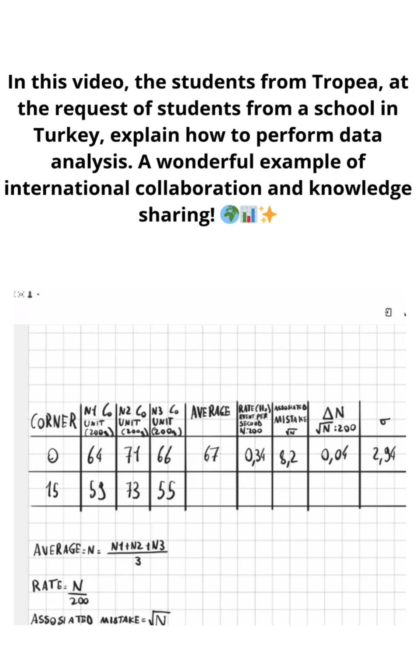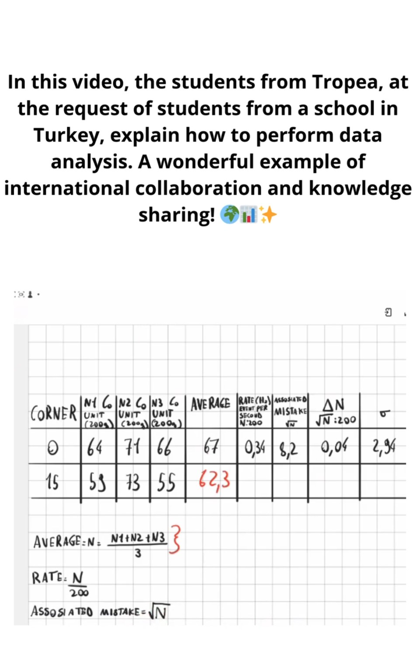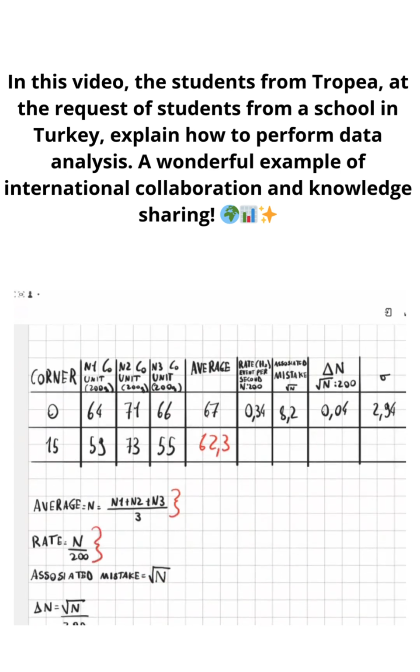So, if we use the data of the second line of the table, we know that the average with this formula is 62,3. The rate we use this formula is 0,31.